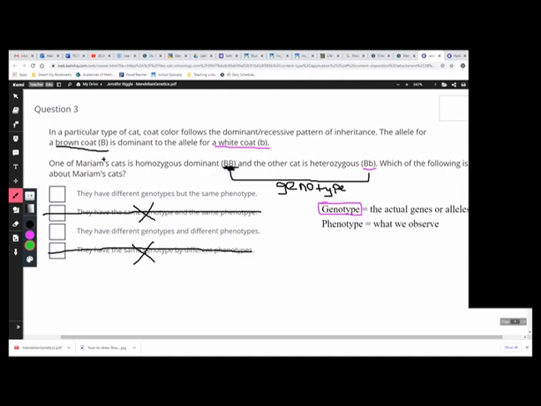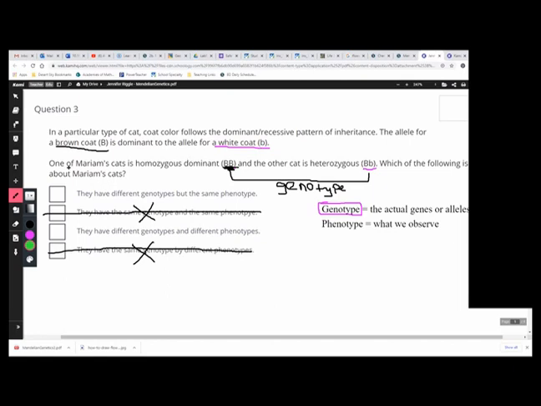I didn't really hear you. Okay, sorry. So in the first part of the instructions, it tells us that the allele for a brown coat is a capital B, and that's dominant. The allele for a white coat would be a lowercase b. That's recessive.